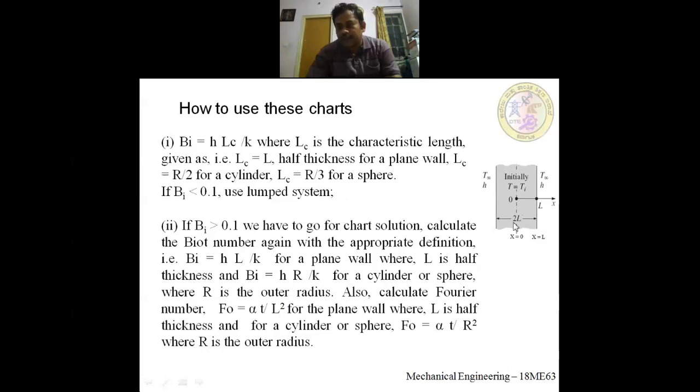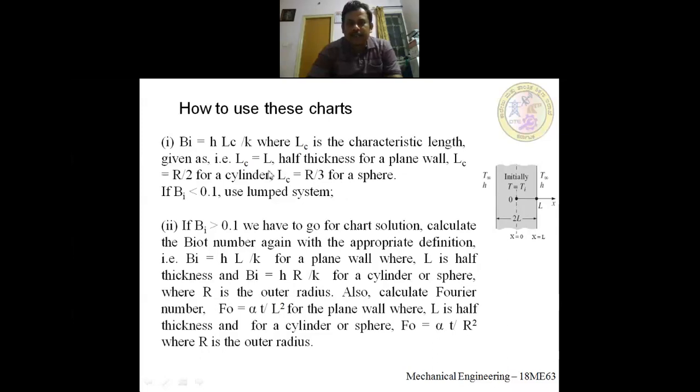But here we have taken the thickness as 2L, because we are going to analyze only half of the surface, so that at the middle x will be equal to 0, whereas at the surface x will be equal to L.